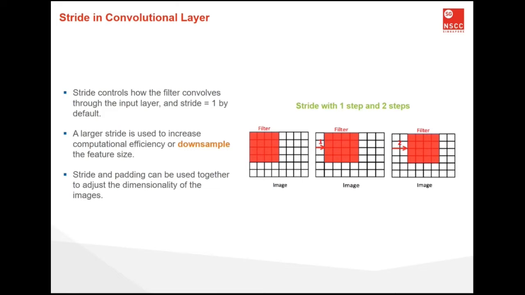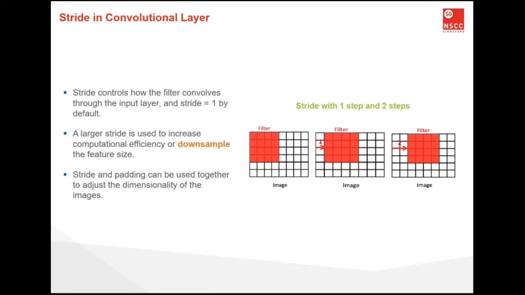However, sometimes, either for computational efficiency or because we wish to downsample, we move our window more than one step at a time, skipping the intermediate locations. We refer to the number of rows and columns traversed per slide as the stride.